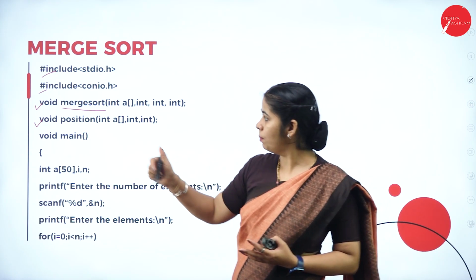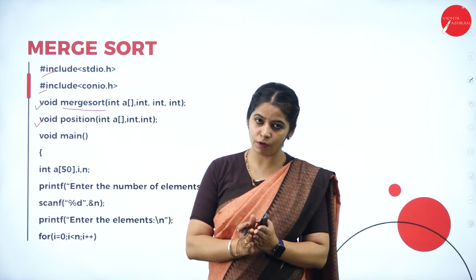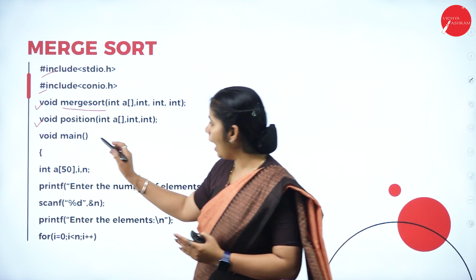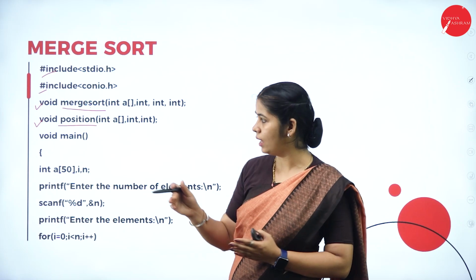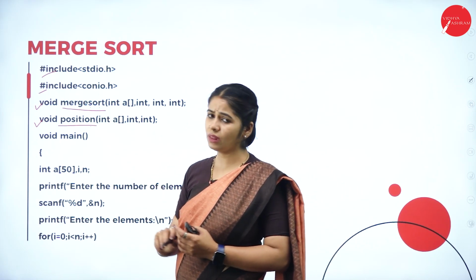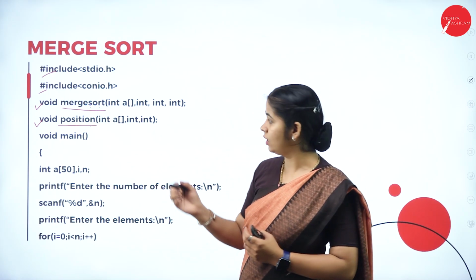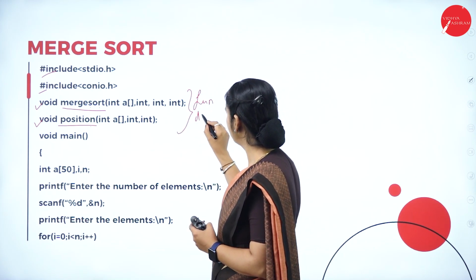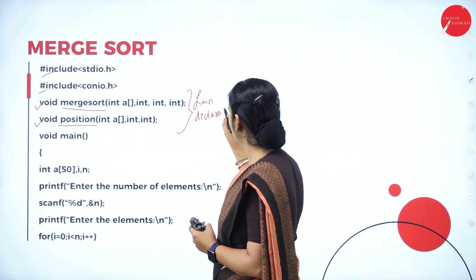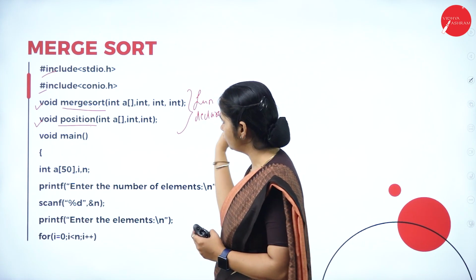One is merge sort to merge the elements of the array which is divided, and one is partition, means dividing the elements of the array. So we are doing the function declaration here. This is a function declaration.